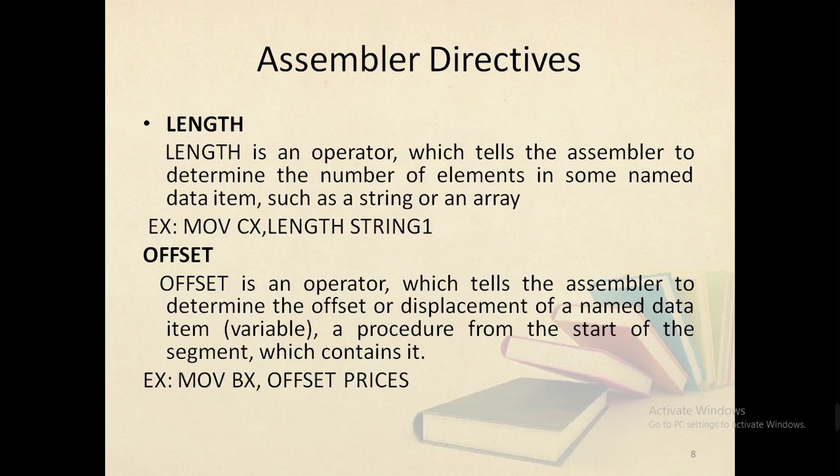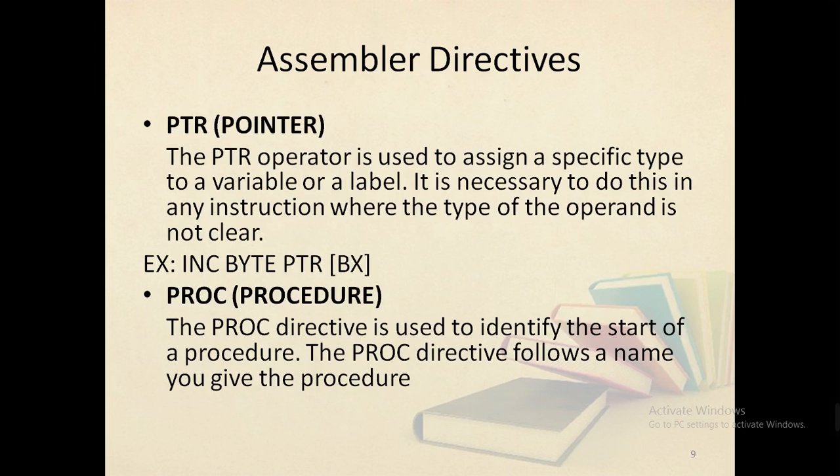Next, coming to the pointer, PTR. The PTR operator is used to assign a specific type to a variable or label. It is necessary to do this in any instruction where the type of the operand is not clear.